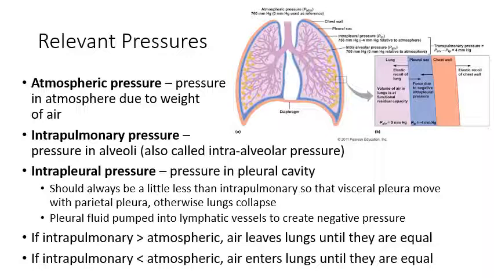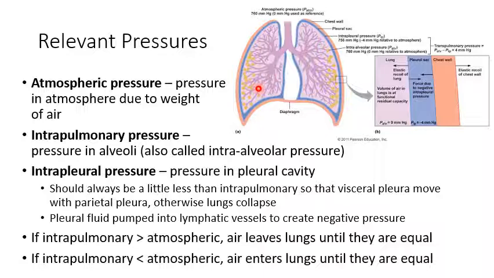Right on the sides here we would have the rib cage. On the bottom we have the diaphragm. The diaphragm is the main muscle of breathing, so when the diaphragm contracts, it's going to move down to be more flat, and the volume of the thoracic cavity will go up.